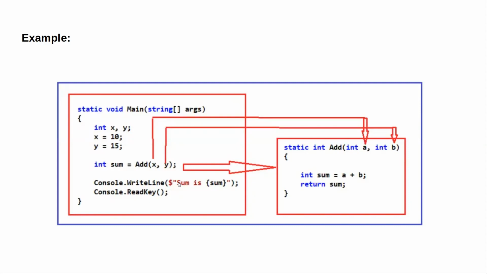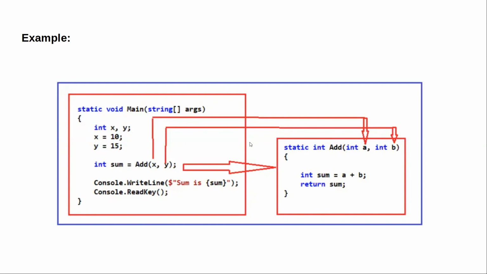Just understand how the control flow works. It executes from the main method. Whenever you see the invocation of a function, the values are passed to the function, and the control moves from the caller function to the called function.